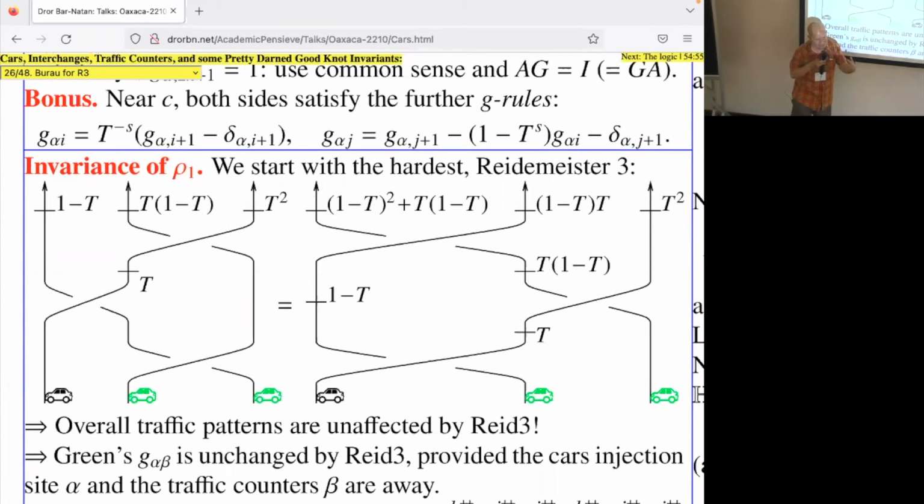That's the Alexander information. And the additional information is that you put cars and counters, or a pair of cars and a pair of counters, as dictated by uppercase R1. And then you use the traffic rules to push them to the top.